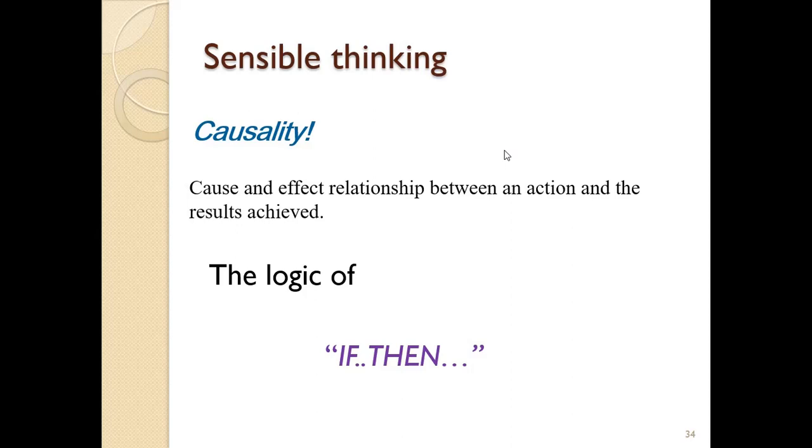So when you're dealing with results-based management or evaluation of results, you should be able to establish certain causality among the deliverables or the activities that you're trying to achieve.